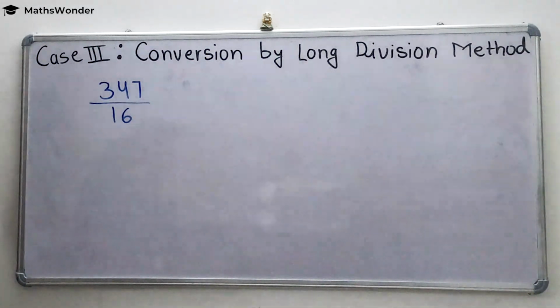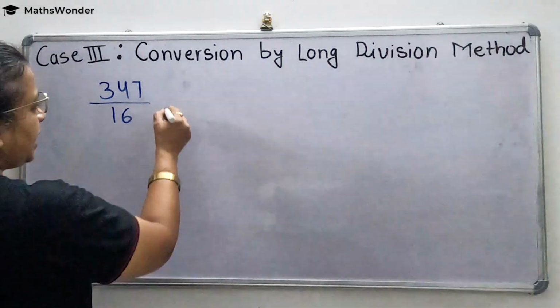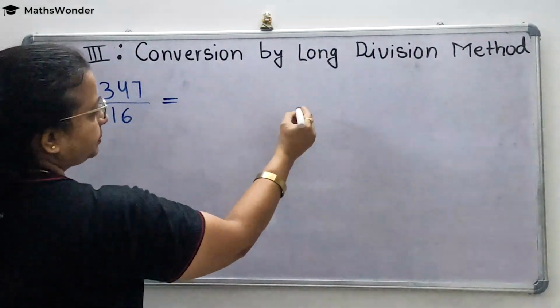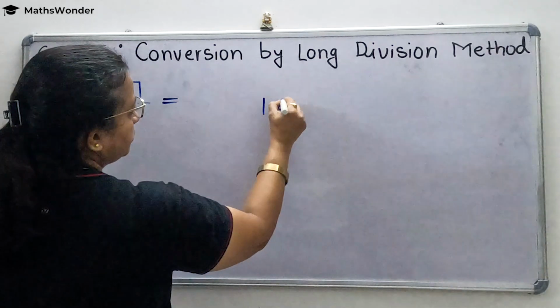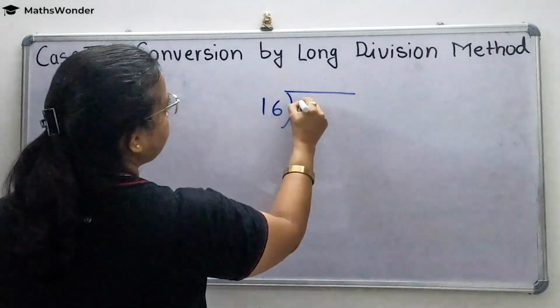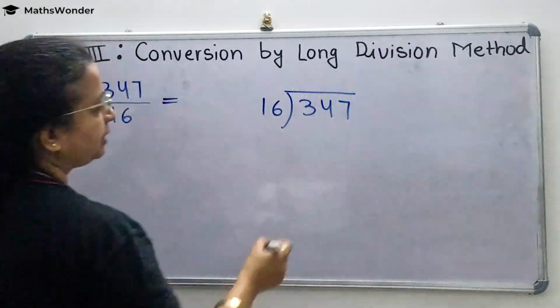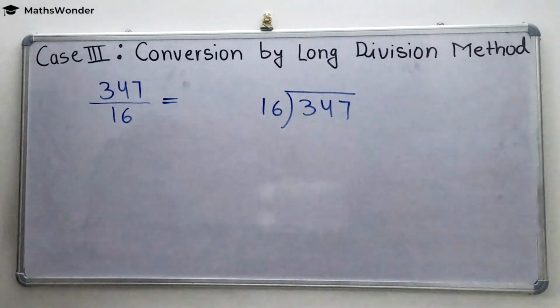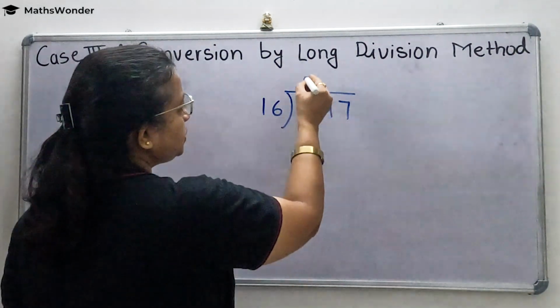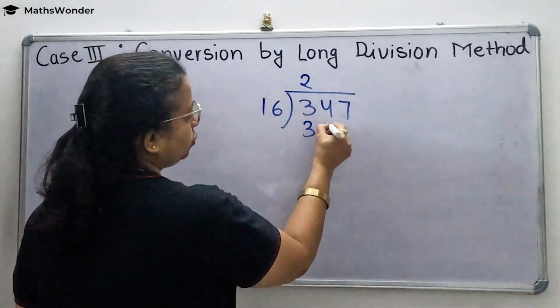When a remainder is left, put the decimal point. How will you do it? Suppose we are finding 247 divided by 16. Now 16 times what will give 34? 16 times 2 is 32.